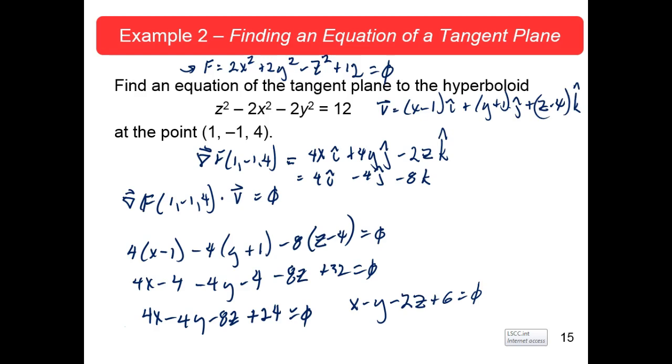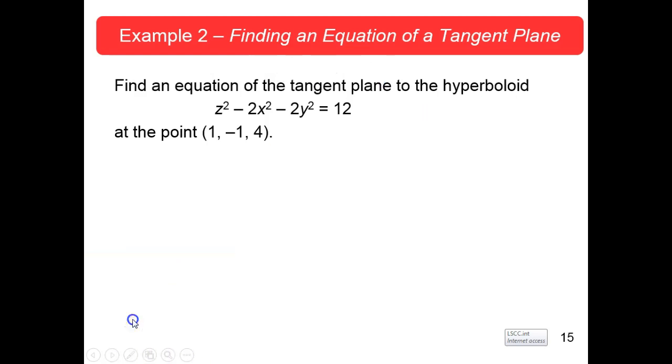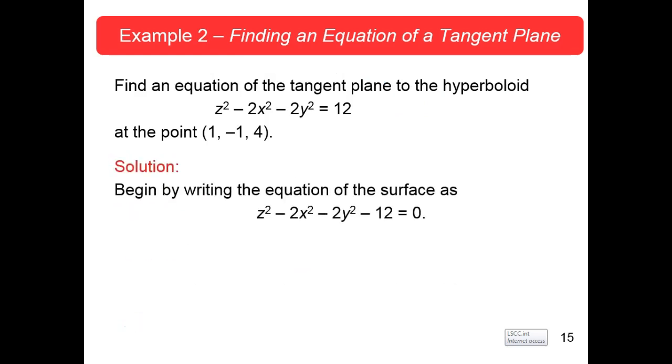So the rest, let's just see how they did it. Hopefully it was somewhat similar without the dumb mistake of not plugging in. All right. Begin by writing the equation as a surface, and that's exactly what we did. That's your F right there. Now, they didn't rearrange the order, which is going to come back and bite them, but that's fine with me.